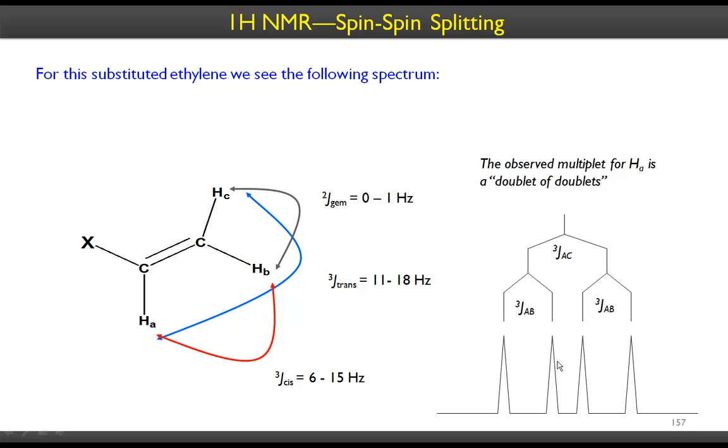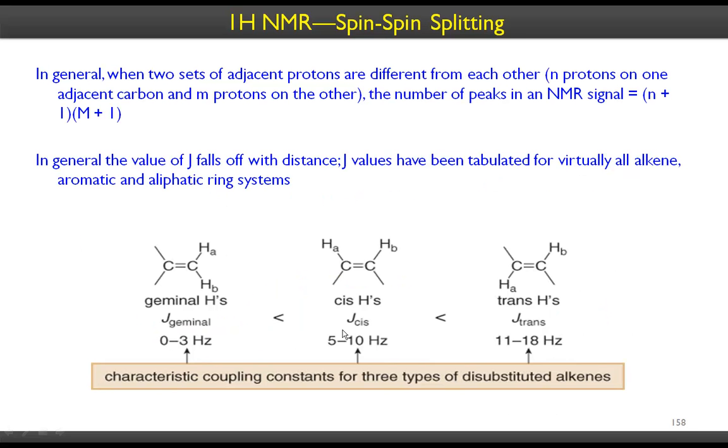Okay, this is how the tree diagram has to be developed. In general, when two sets of adjacent protons are different from each other, the number of peaks in the NMR signal is given by n+1 times m+1.